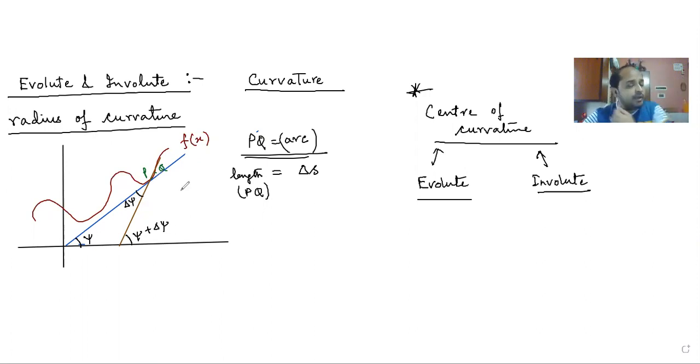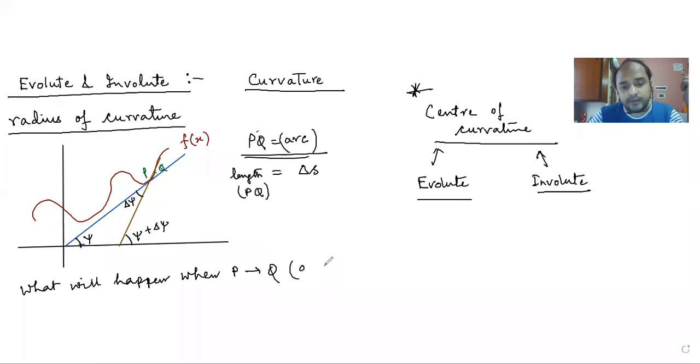Now, the question is, what will happen when P tends to Q, or Q tends to P? Then there will be some change in the angle.